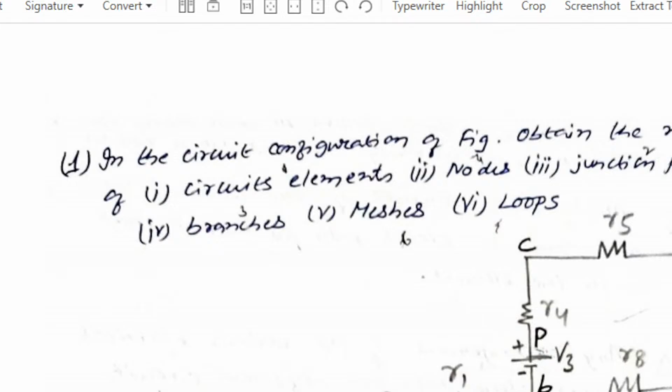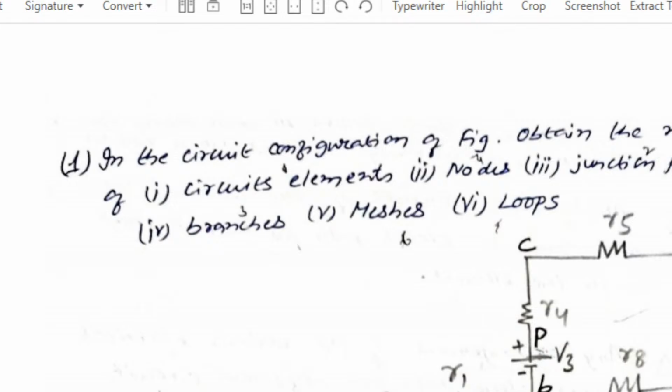Third one, nodes. Fourth one, junction points.